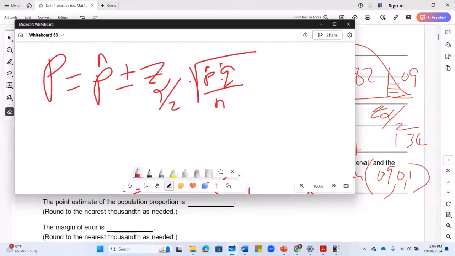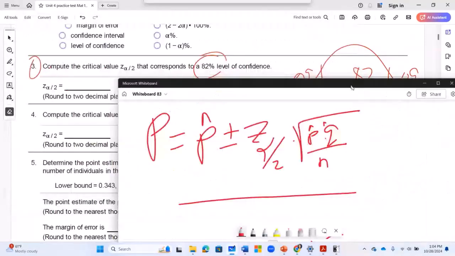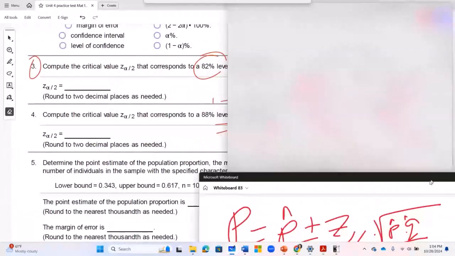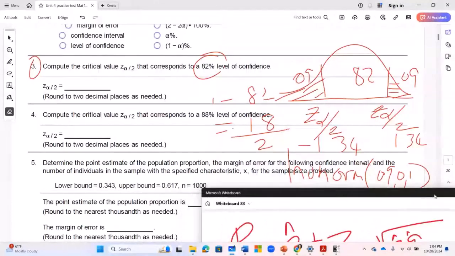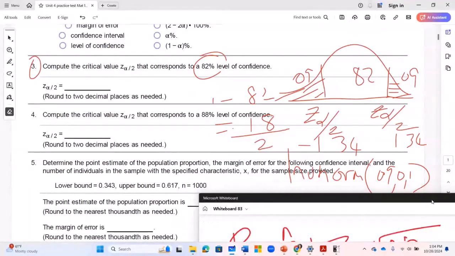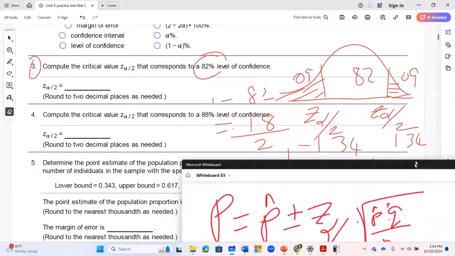If I am given the confidence interval already, what I'm going to do is determine the point estimate of the population proportion, the margin of error for the following confidence interval, and the number of individuals in the sample with the specified characteristic, X, for the sample size provided.